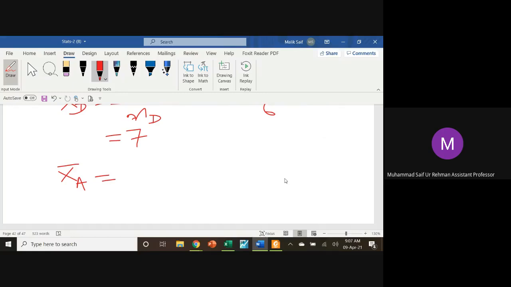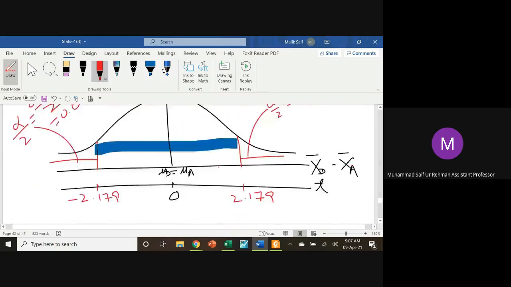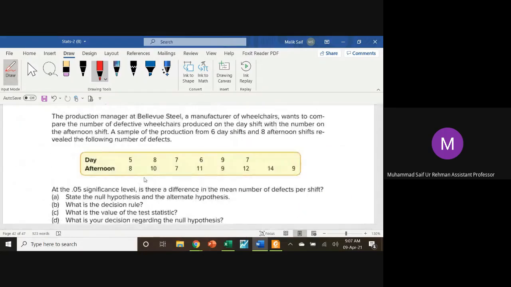So XA bar is definitely summation XA divided by NA. So add the values that are there in the second series: 8 plus 10 plus 7 plus 11 plus 9 plus 12 plus 14 plus 9, divided by 8.